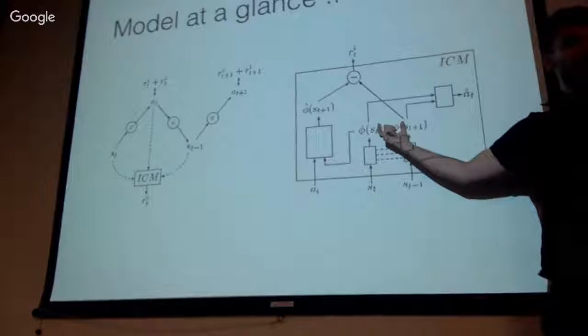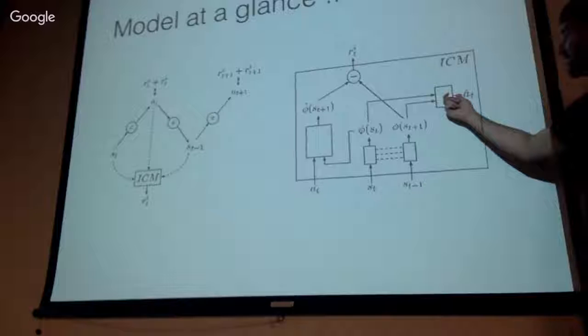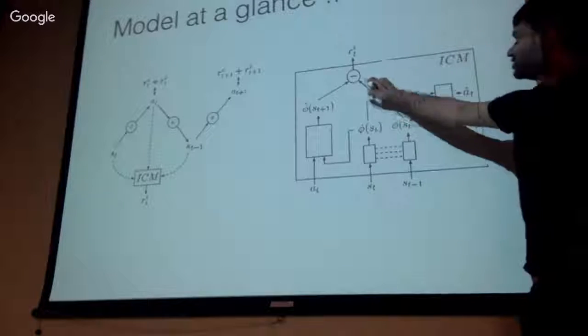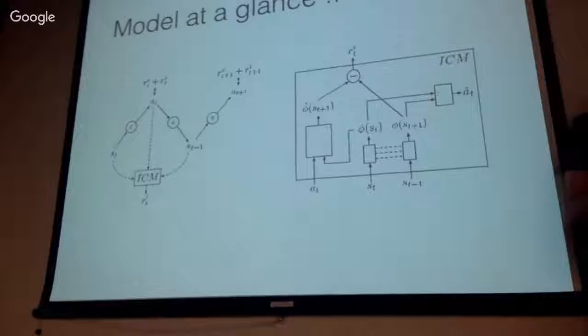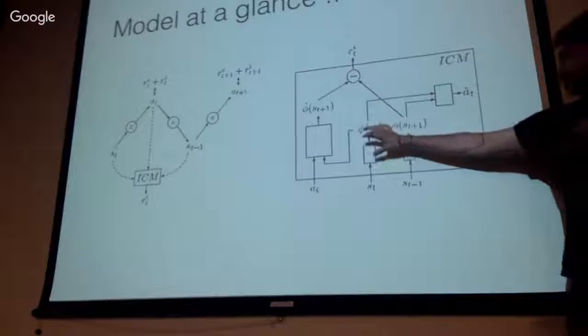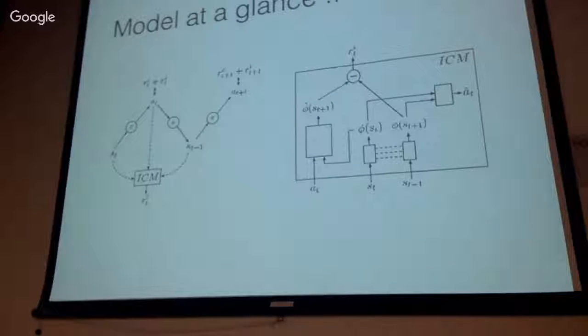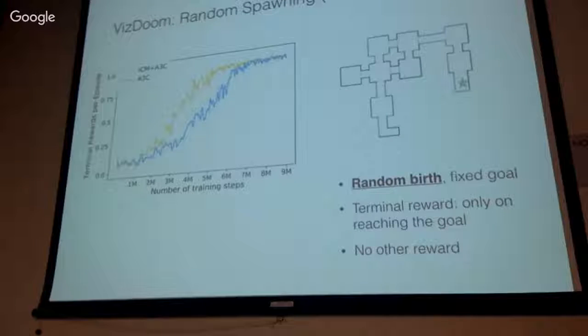From this feature representation, you try to predict the action. Then you do predictions in this particular feature space, and the error in this feature space gives you the reward signal. Because we are doing predictions in a feature space which depends on the action, we are not affected by any dynamics in the environment which are not affected by the agent directly. I'm out of time, but I'll just show you some more results.